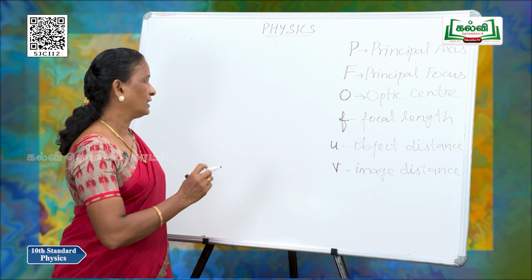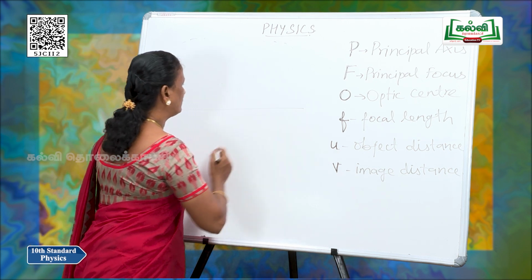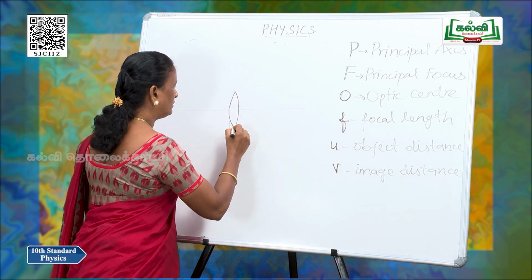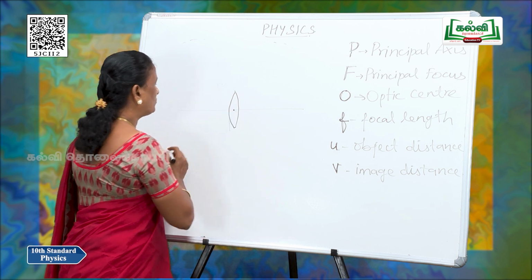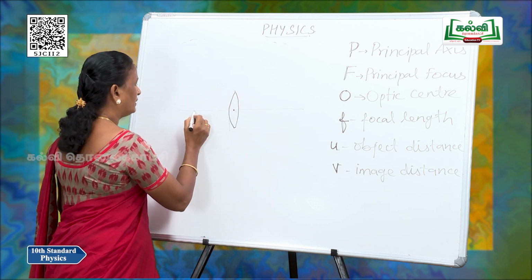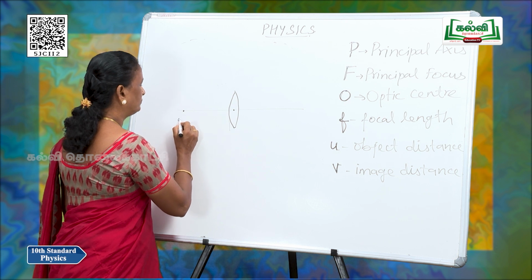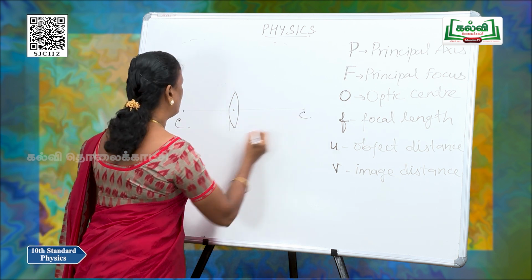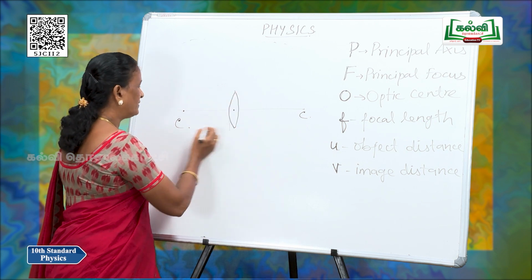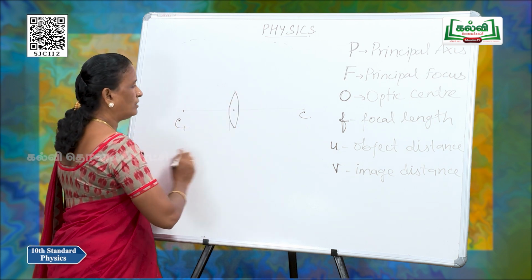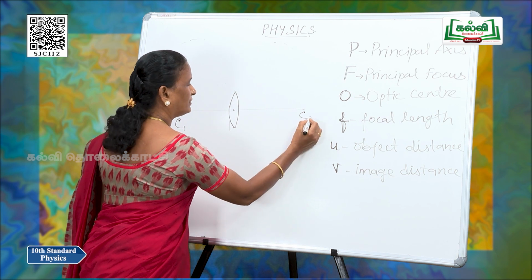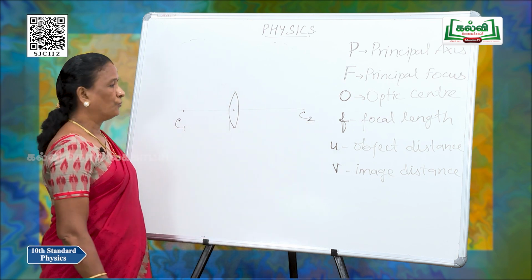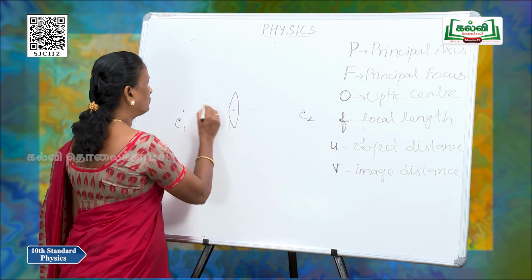See here, this is the principal axis, the lens is kept here, this is the optic center, and this is C, the center of curvature. For this spherical surface, this is center of curvature number 1. For this spherical surface, this is center of curvature C2. Okay. The ray is parallel to the principal axis.